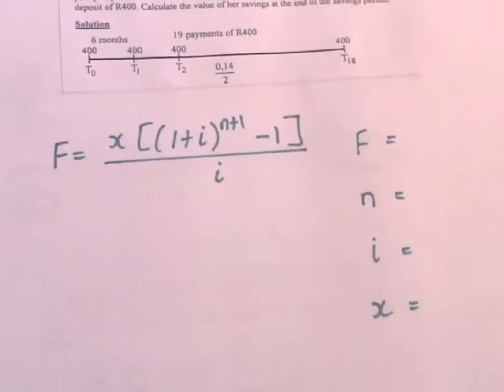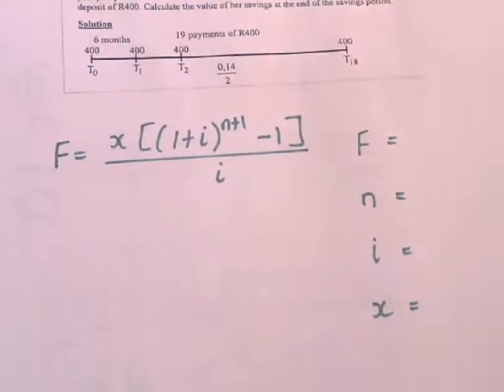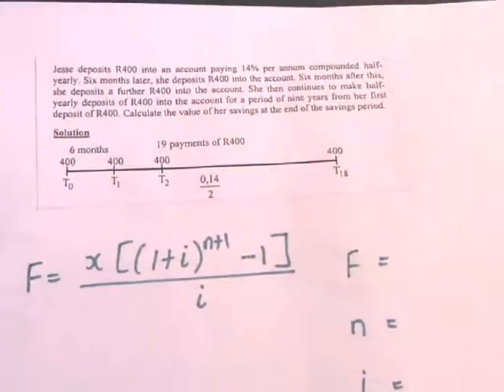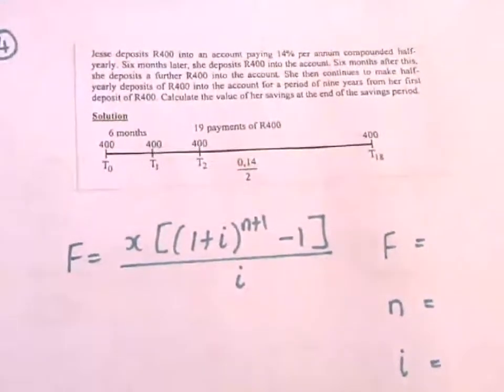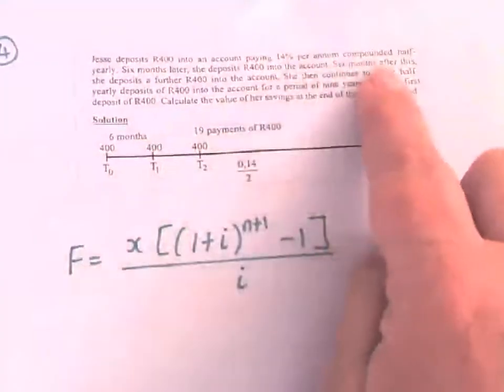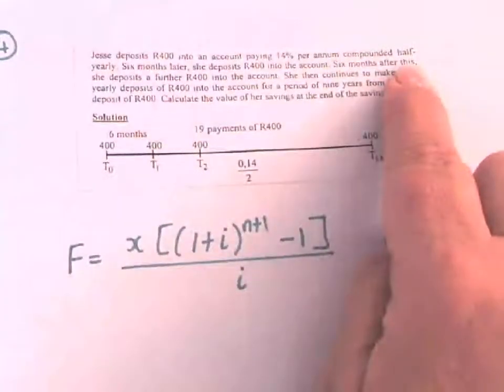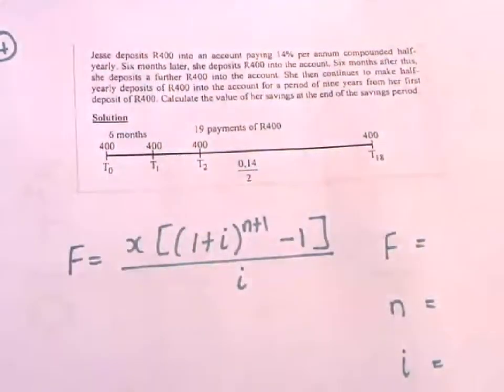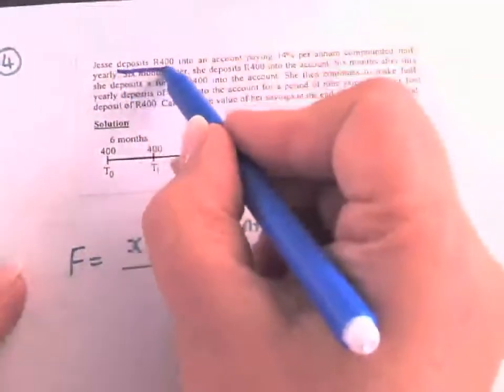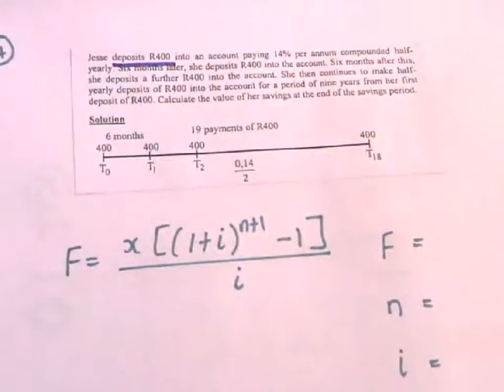Our last example. Jessie deposits 400 rand into an account, paying 14% per annum compounded half yearly. Half yearly means how many times a year? 2 times. So that means that when they say she deposits 400 rand, it means she starts immediately.